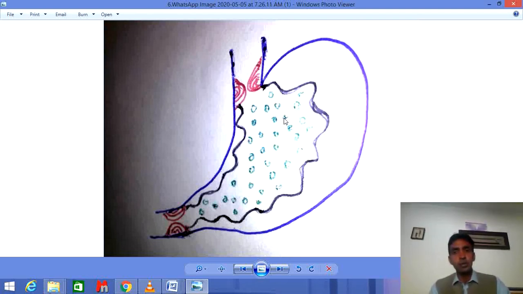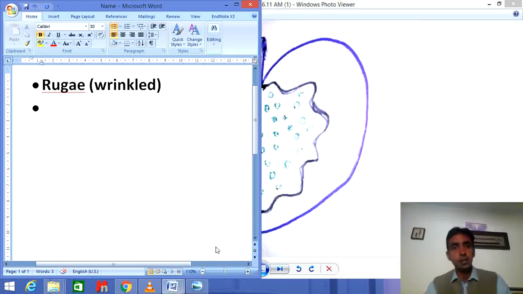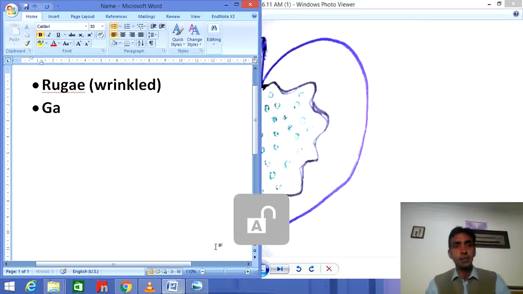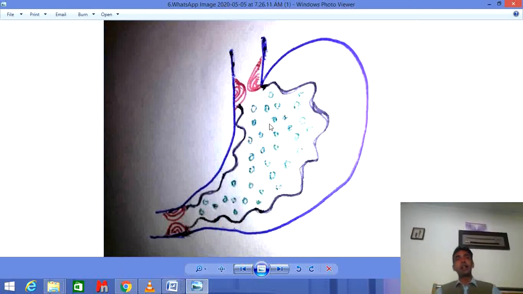These small pores on the internal surface of the stomach are called gastric pits. Gastric pits are small pores present on the surface of the mucosal layer, which lead to the gastric gland cavity, the gastric gland lumen.